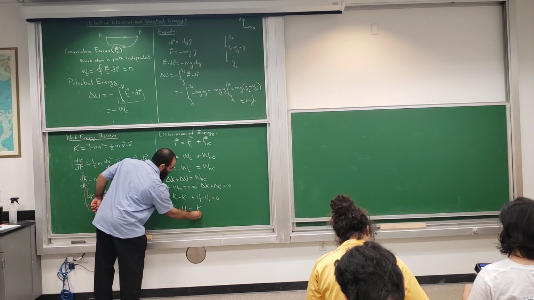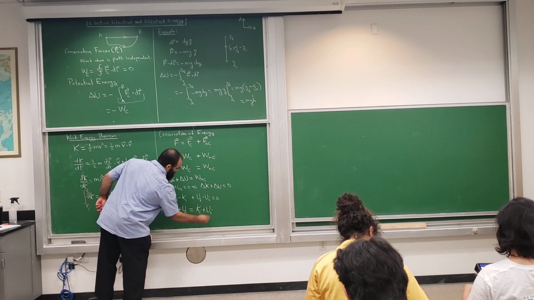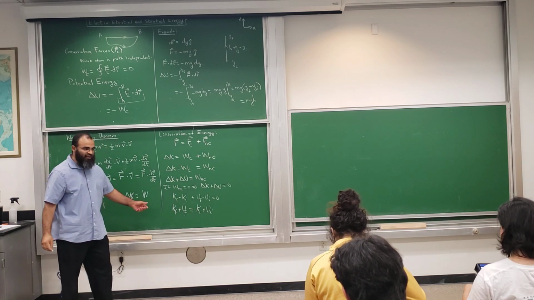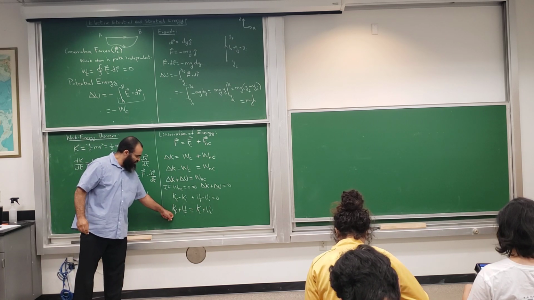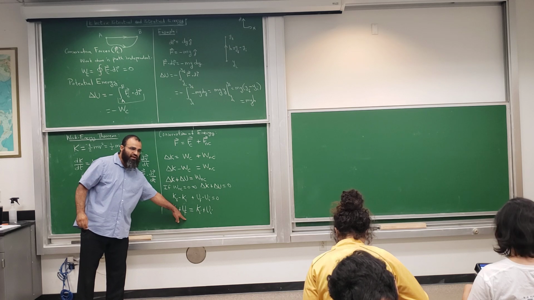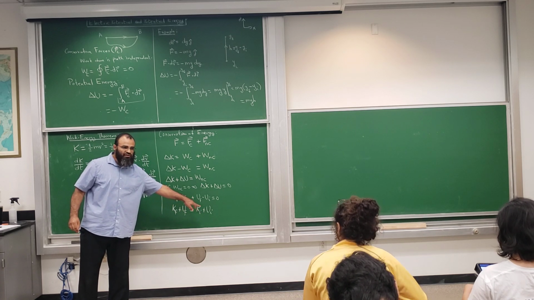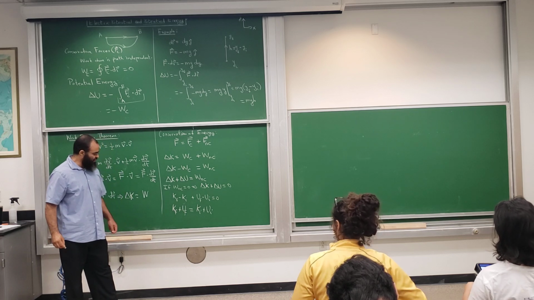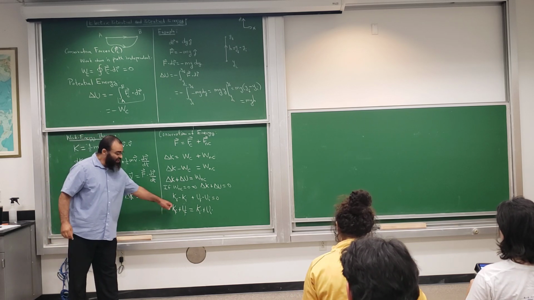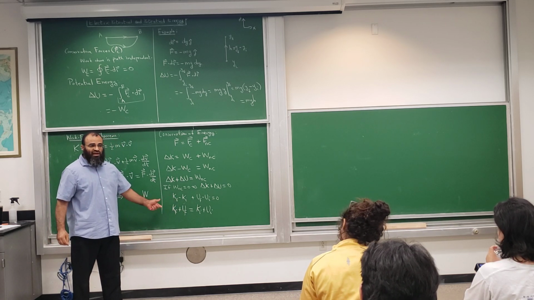So you get K initial plus U initial. So it's saying the kinetic energy plus potential energy at the end is equal to the kinetic energy plus potential energy at the beginning. So it's a constant, so it's conserved. Kinetic plus potential is known as mechanical energy.